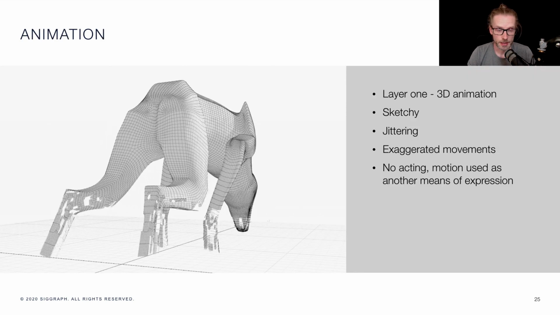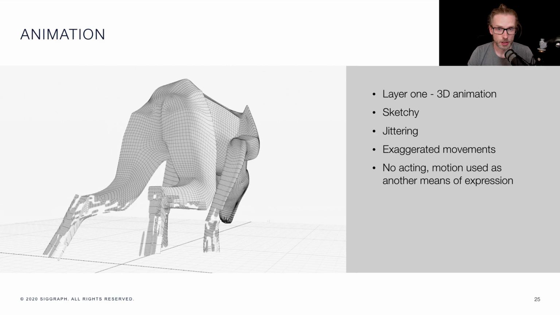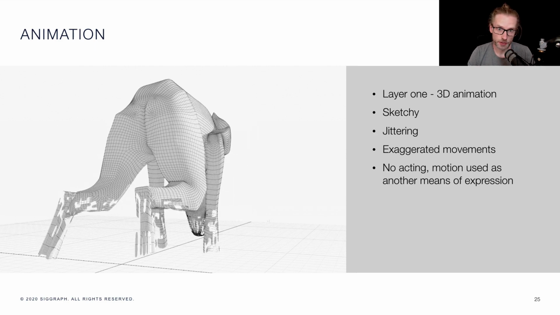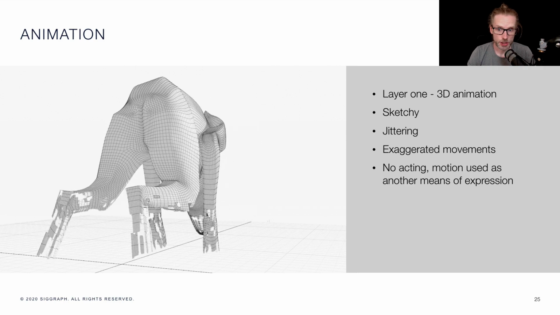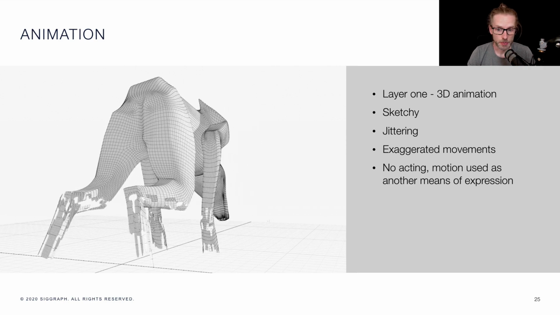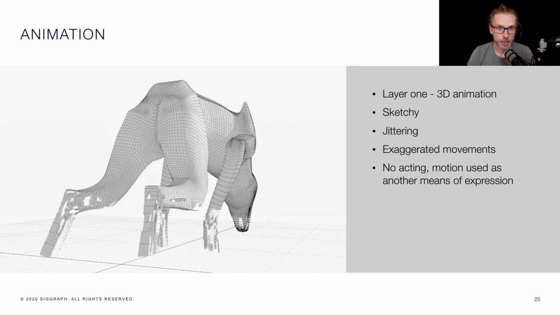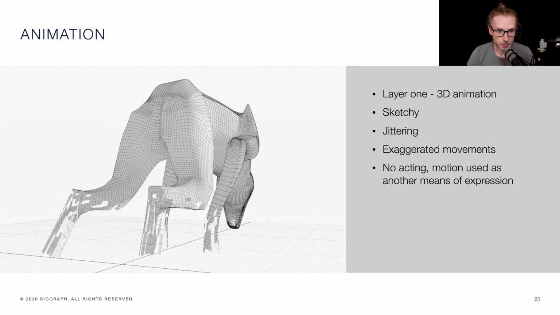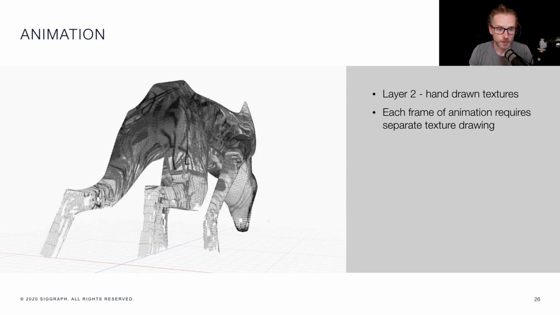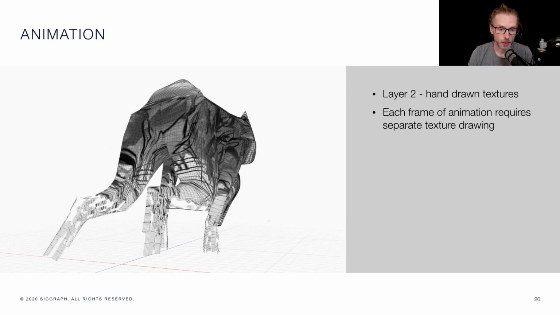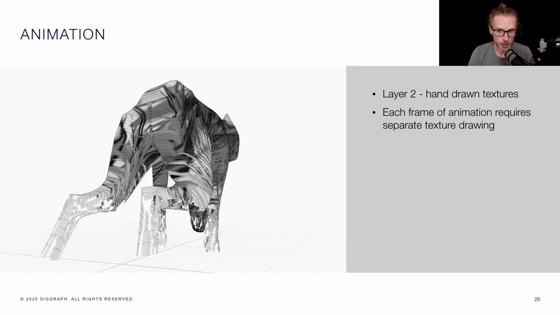The first stage is animation, and animation consists of two layers. The first layer is 3D animation. It's the standard keyframe animation, but it's sketchy, jittering with exaggerated movements. Also, there's no acting, so motion is used really as just another means of expression. Then, once the 3D animation is done, hand-drawn textures go on top, so that's the second layer of animation.